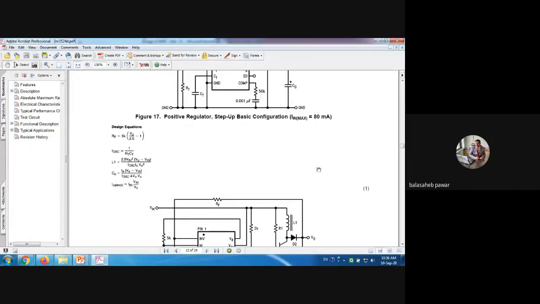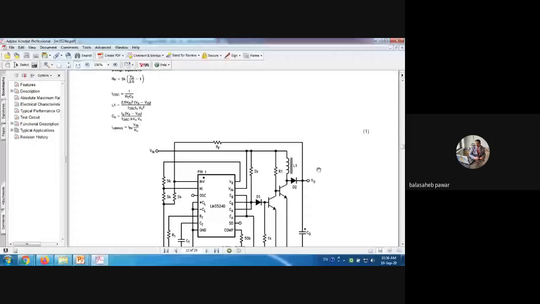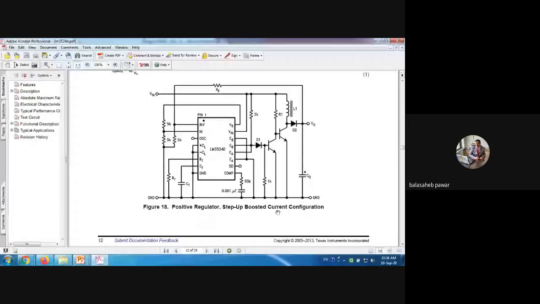Then the second one is given as positive regulator step up boosted current configuration, right? Boosted current is possible by cascading a transistor at its output terminal, right? How it boosts that current, all these things are given in the previous theory part, in this application note, or we can say the data sheet of that particular component. Okay.